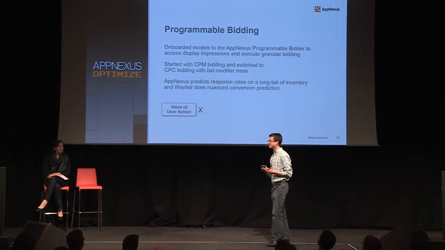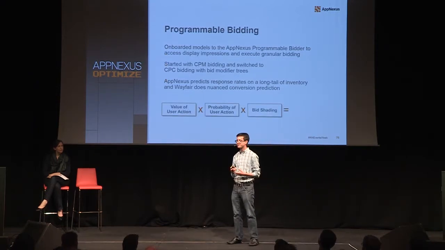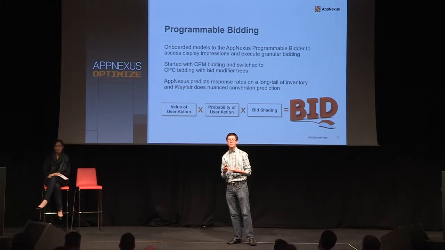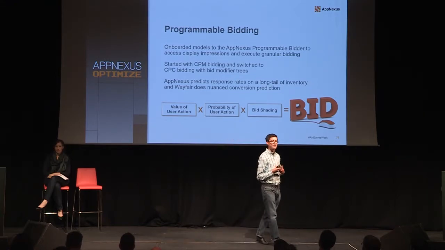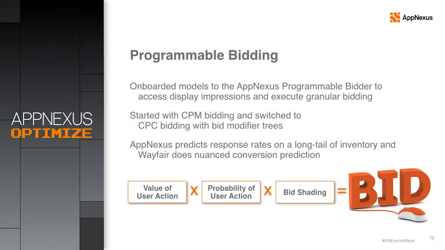Once we do that, the next step is programmable bidding. So we need to take the models that we develop and then onboard them into the different platforms that we're using, in this case, APB. So what we do is we take the decision tree, and then we have custom code that we've written that will turn that into a Bonsai tree. That's reasonably straightforward to do.